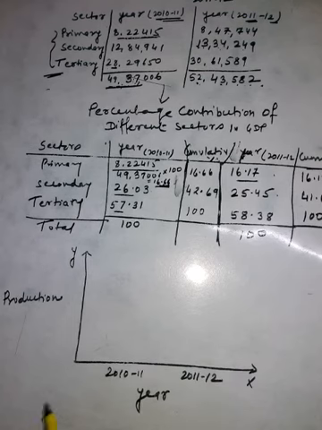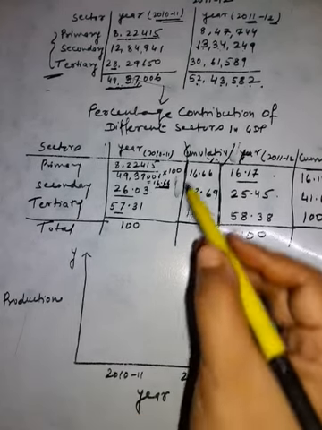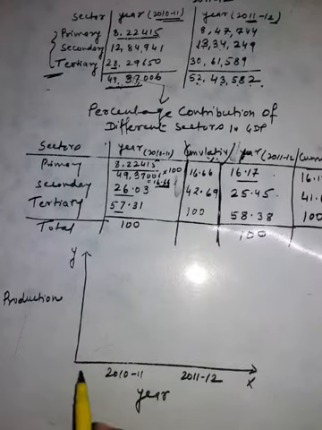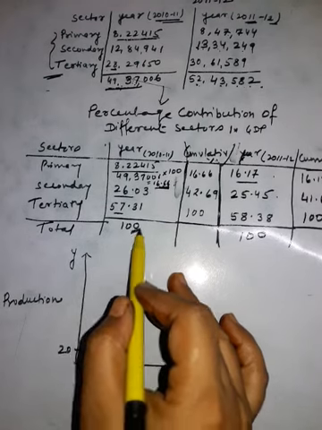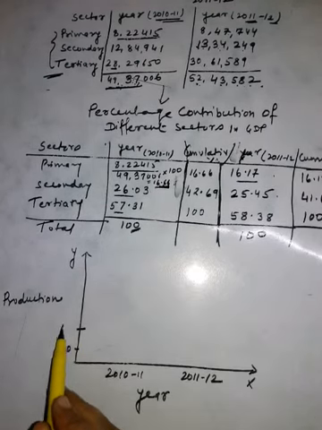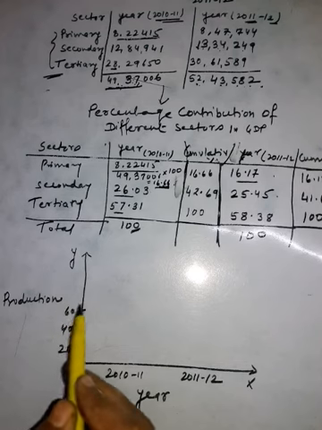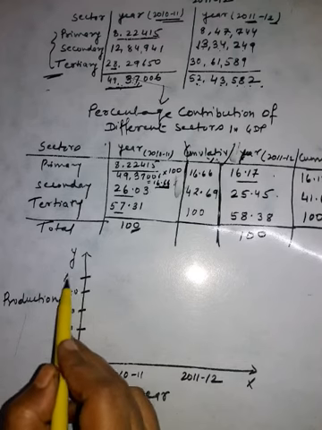Okay, now production, that is the percentage of production, I will take the division of 20, because we have to show 100: 20, 40, 60, 80 and then 100.